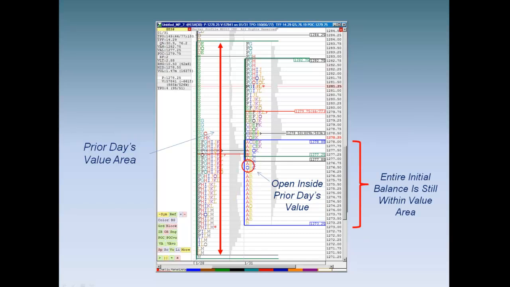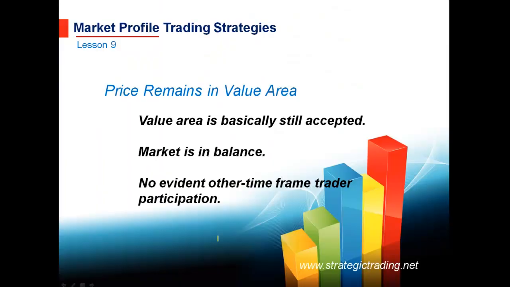Now notice also that the entire initial balance, A and B both, is still well within the value area of the prior day. So there is a sentiment of acceptance in the market. Don't expect any major directional moves. All right, let's review.